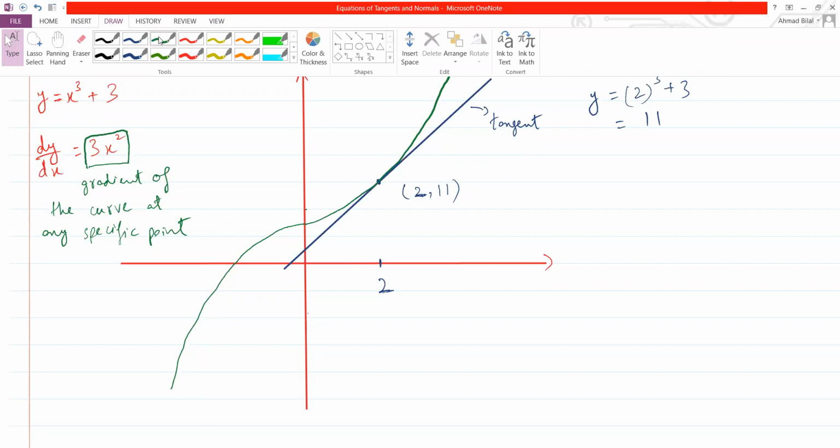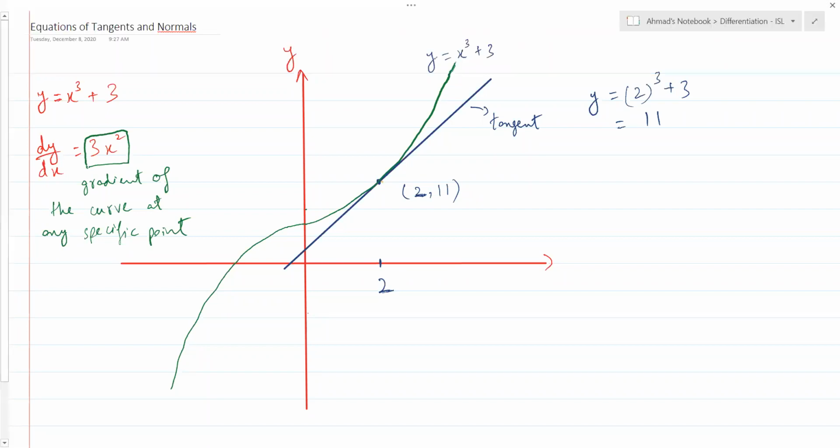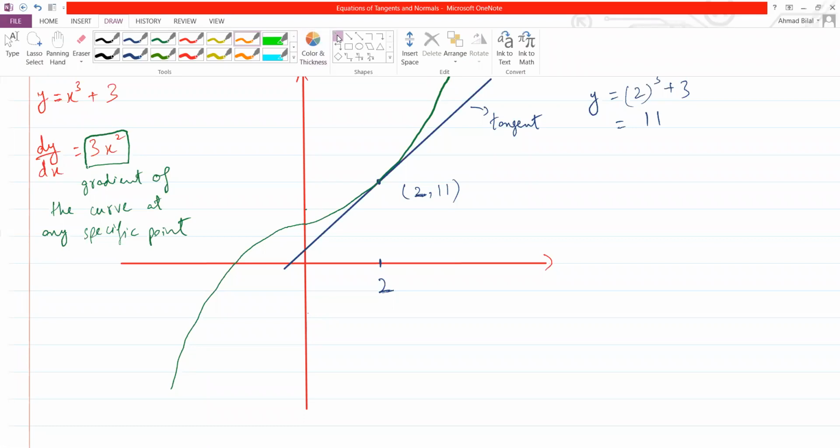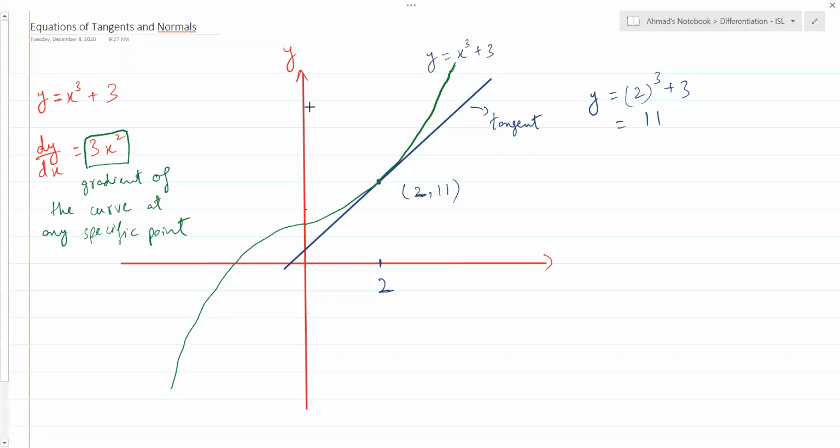That's going to look like something like this. तो यहाँ पे एक परपेंडिकुलर लाइन बना दें, इस तरह से. This thing is called normal to the curve. ये टेंजेंट परपेंडिकुलर है और इसको हम कहते हैं नॉर्मल टू द कर्व.